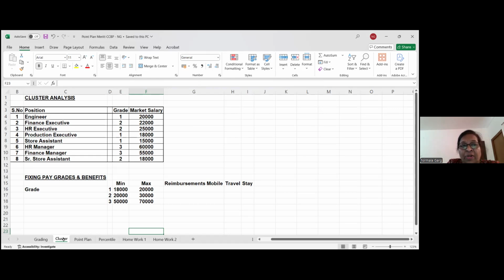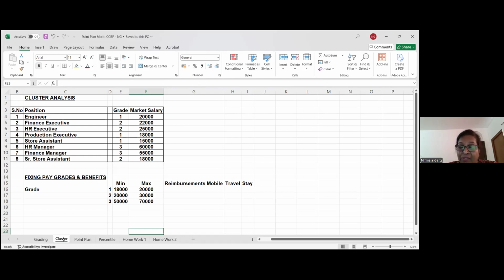Say, for example, I slot engineer in grade 1, finance executive in grade 2, HR executive in grade 2. So you have seen that I've listed out all the positions, 8 positions. I've also listed out the grades. Clear till here? Now, to assign or to fix salary ranges, you need to have market data.